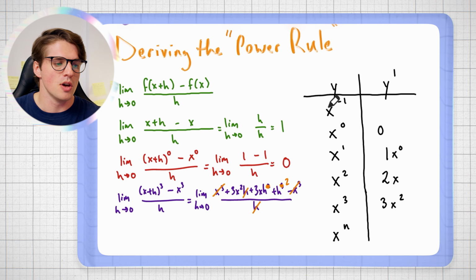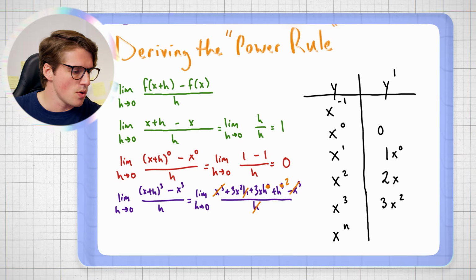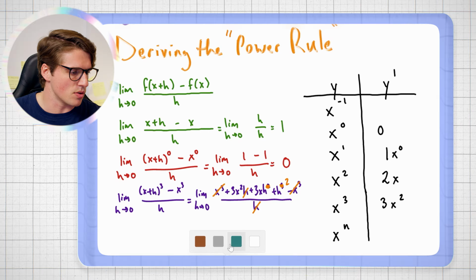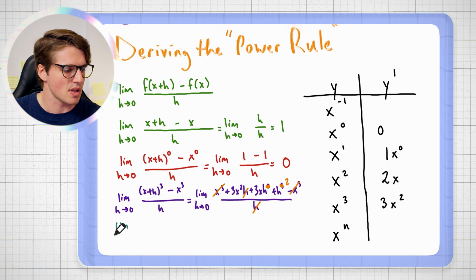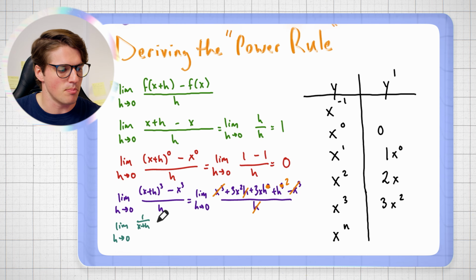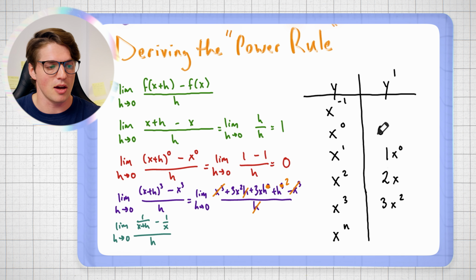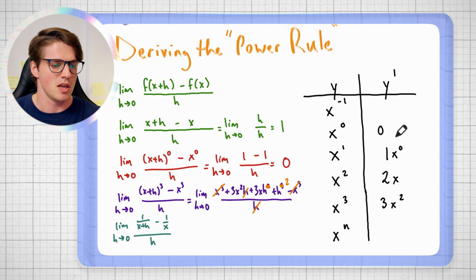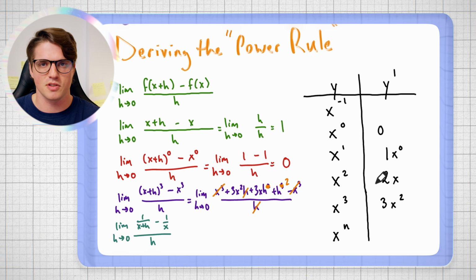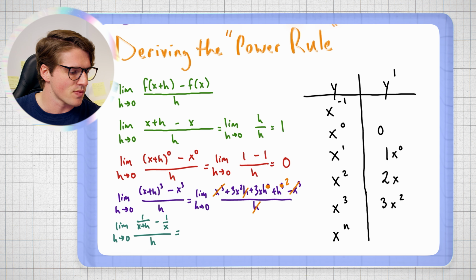And we can go further. We have x to the negative 1. In order to do that, we take the limit as h goes to 0, 1 over x plus h minus 1 over x all over h. Now you might see a pattern. You might not need to pay attention to this last one. You might already see the pattern here on the right, but it doesn't hurt for us to do this.